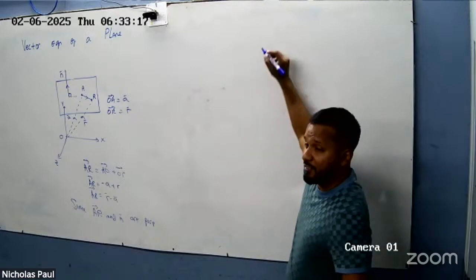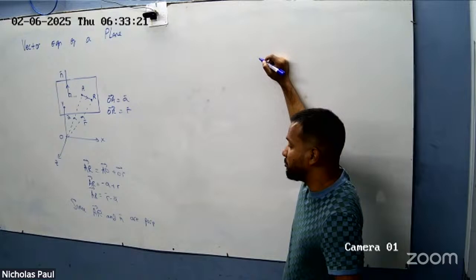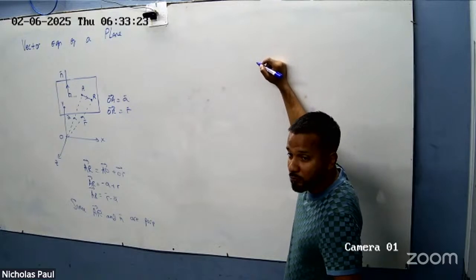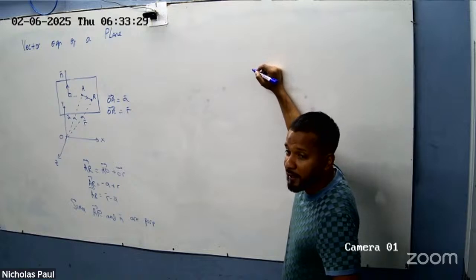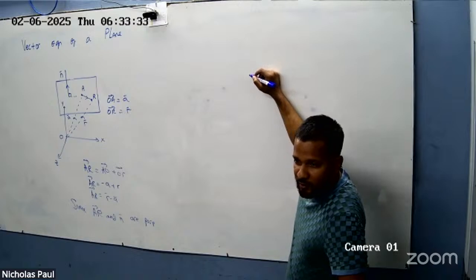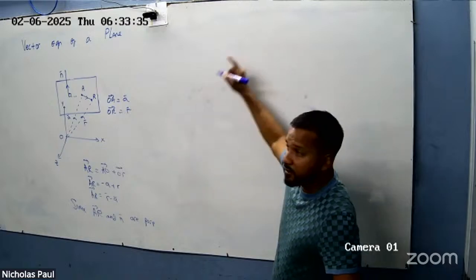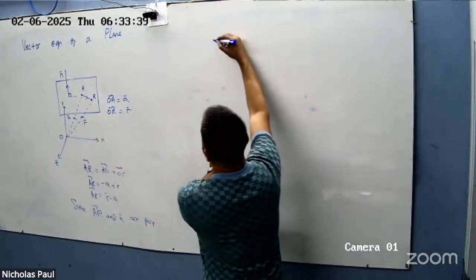Jaden, if two vectors are perpendicular, then what do we know? Right, thanks Chelsea. She said the dot product is 0.